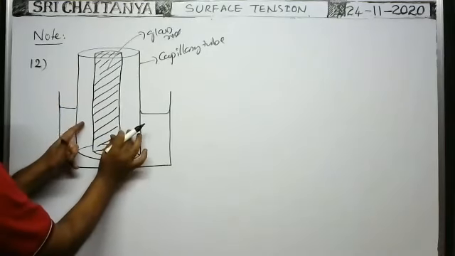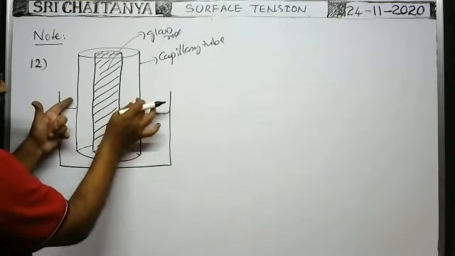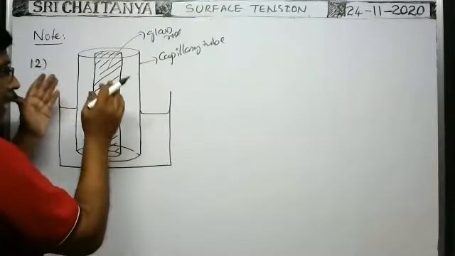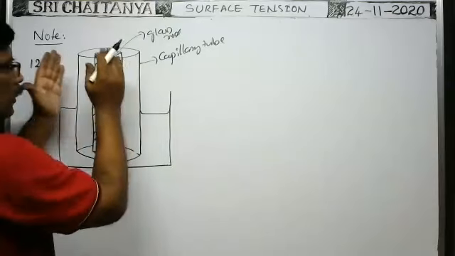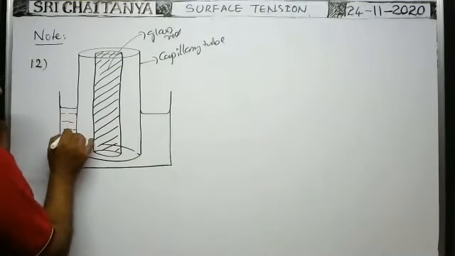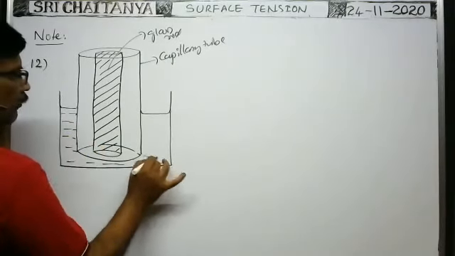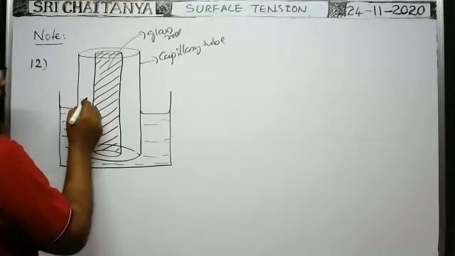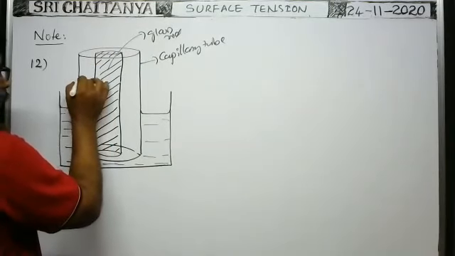Here, this space between the bore in the capillary tube and the glass rod behaves like a capillary bore or capillary hole. So because of capillarity phenomena, whatever the liquid taken in the beaker, the liquid level rises in the capillary space, up to this level.